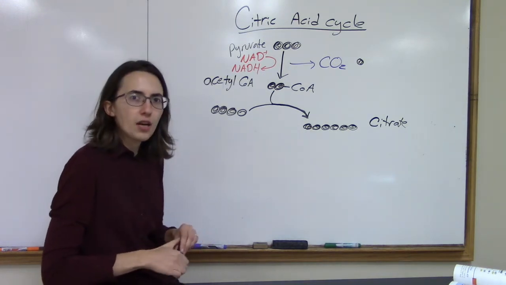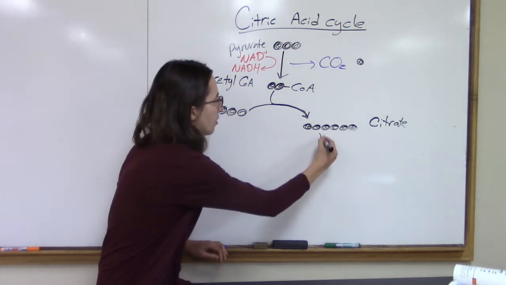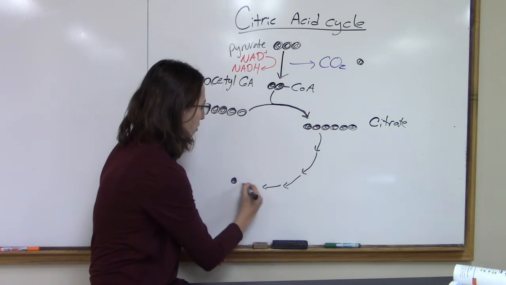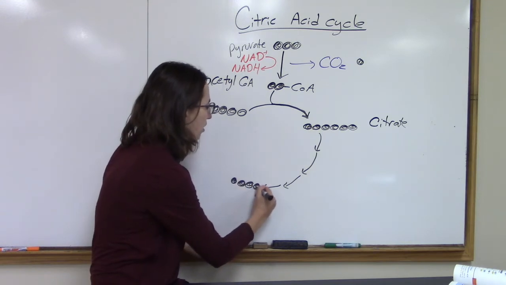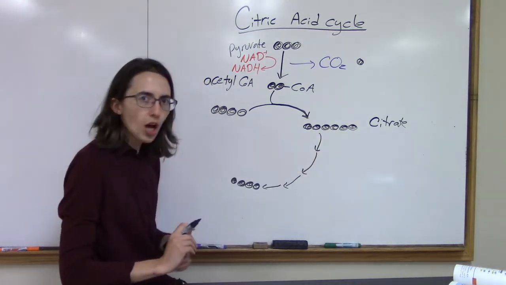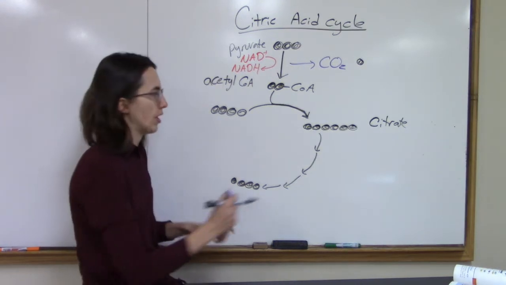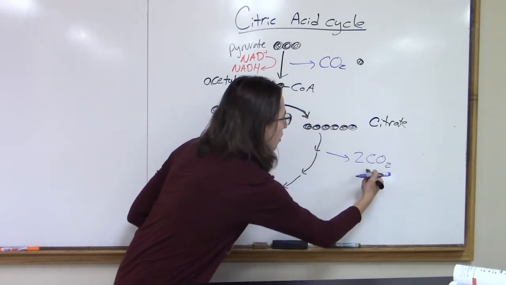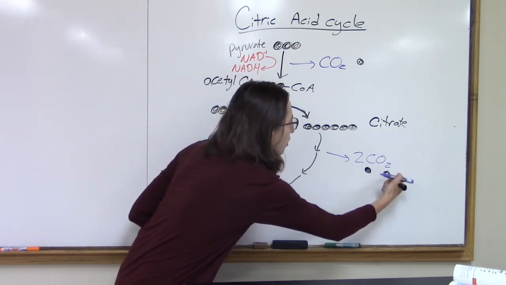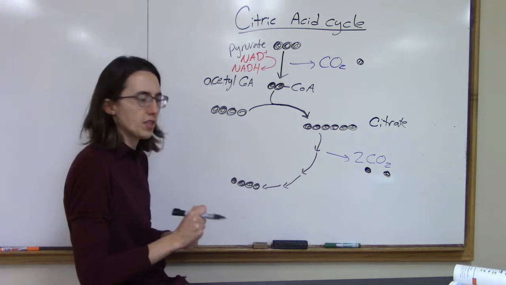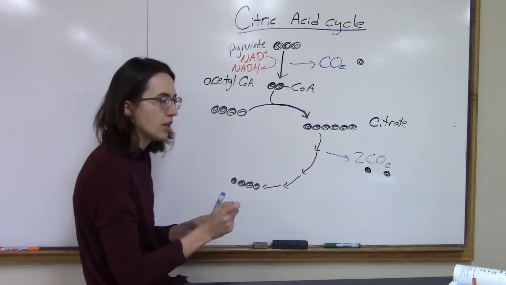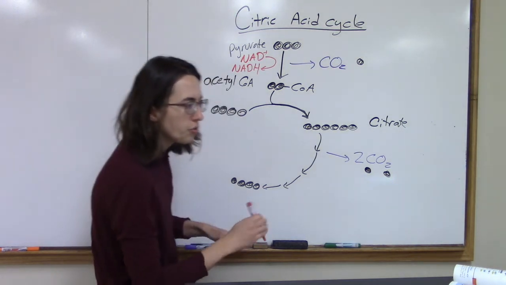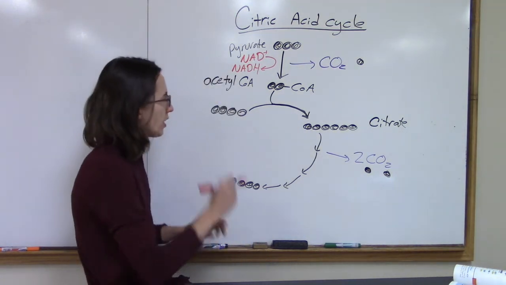Citrate is going to go through several transformations. During the process, it's going to have 2 of its carbons chopped off and lose them in the form of carbon dioxide. So we've lost 2 carbons in the form of carbon dioxide. During this process, we're also going to charge up 2 NADHs and 1 ATP.